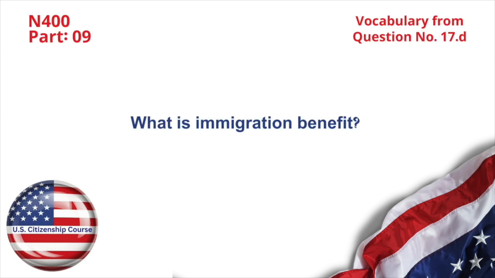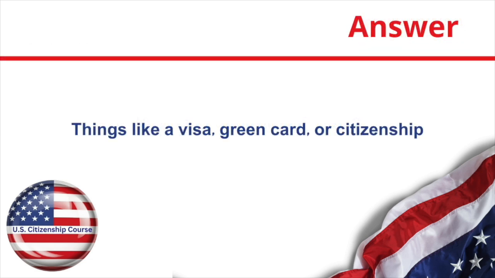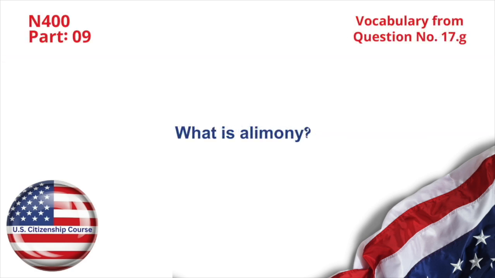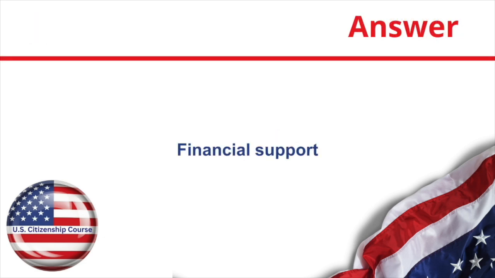What is immigration benefit? Things. Like a visa, green card, or citizenship. What is alimony? Financial support.